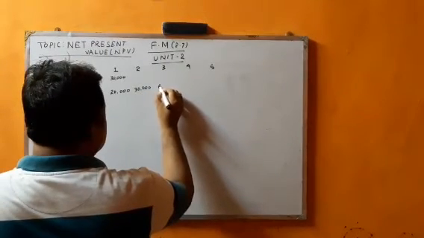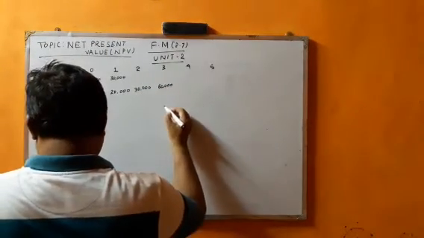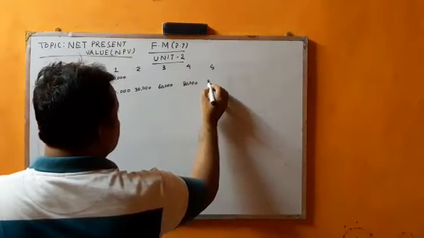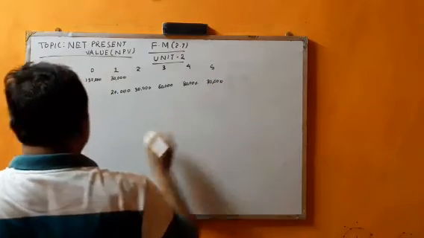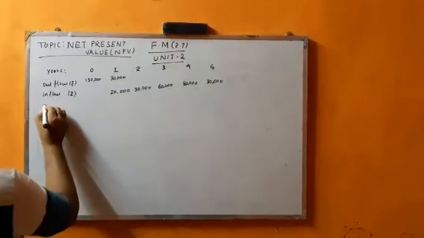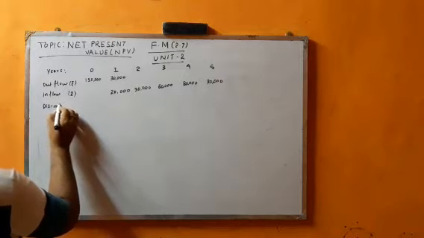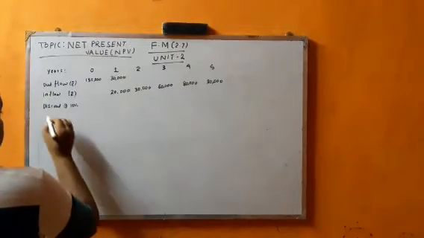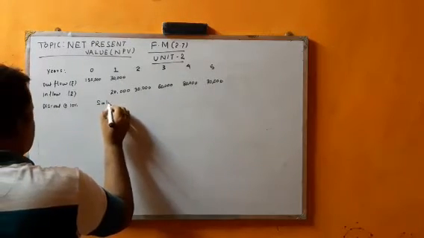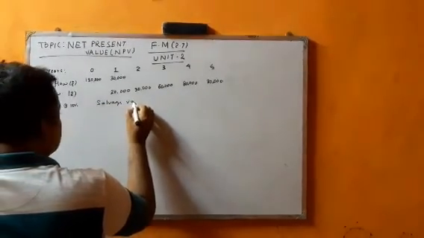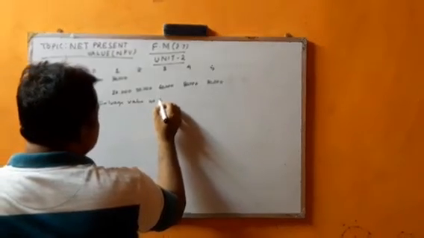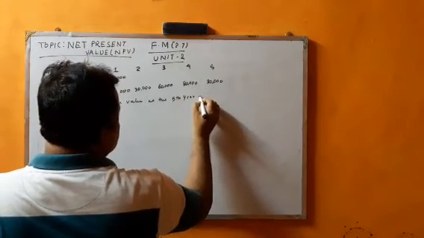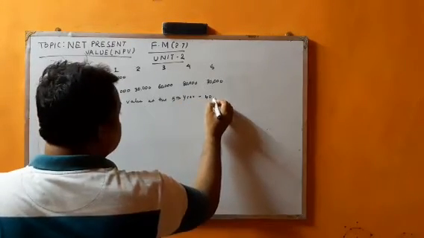Then inflows: 20,000, then 30,000, then 60,000, then 80,000, then 30,000. Then the discounting factor is 10%, and salvage value at the end of the 5th year is 40,000.